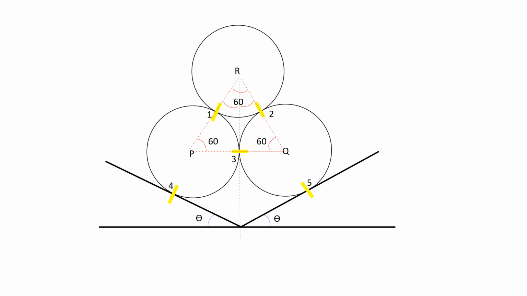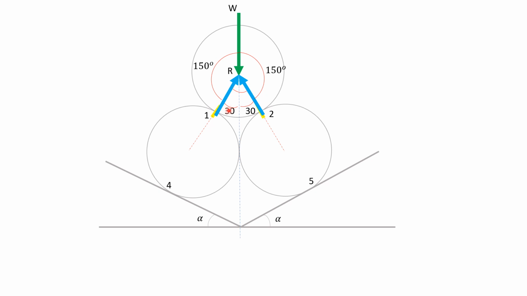First, from this triangle, we can see that it is an equilateral triangle, and this angle is divided into two, so the angles will be 30 and 30. First, consider this sphere, and this is 30. This will be 180 minus 30, equal to 150 degrees.